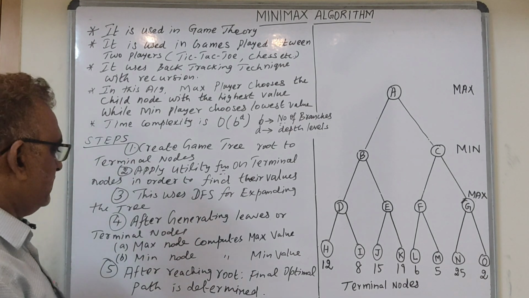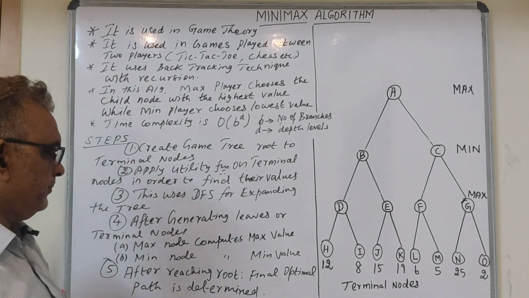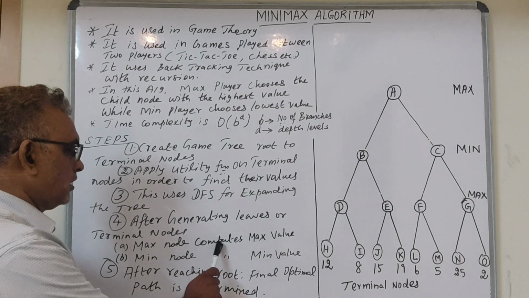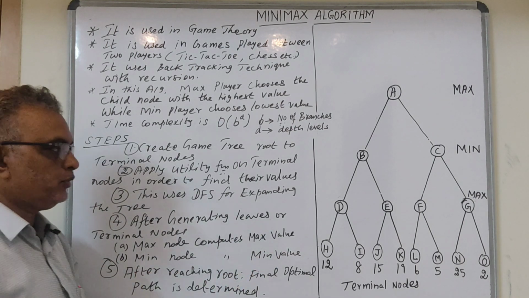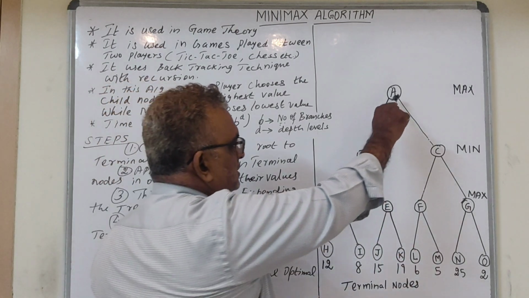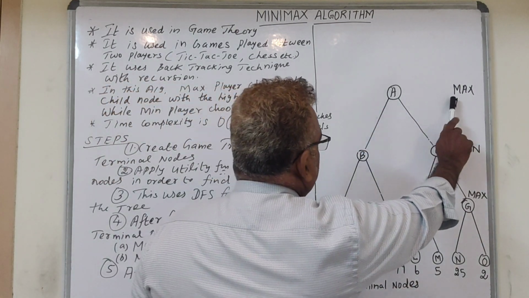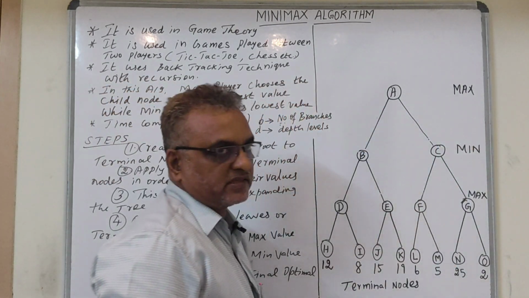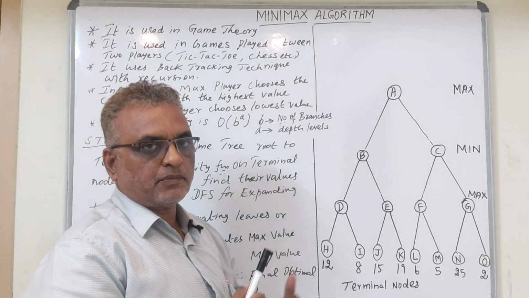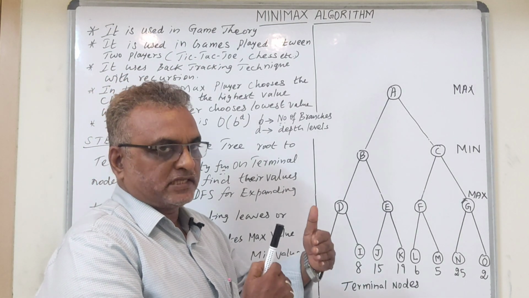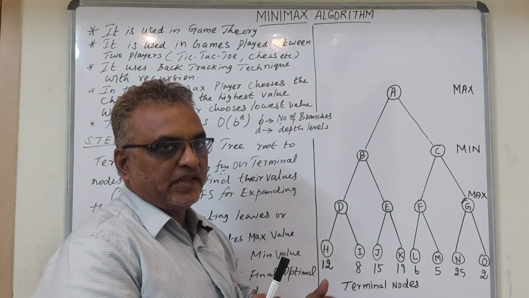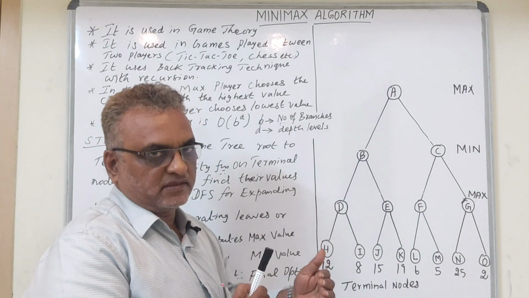After generating the leaves or the terminal nodes, the max node computes the maximum value and the min node computes the minimum value, because the root is indicated as the max. So two players are playing. One player, the max player, is a maximizer and the other, the min player, is a minimizer.